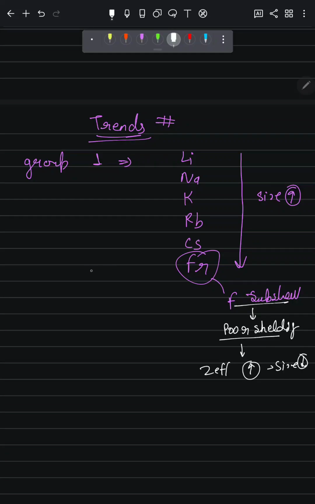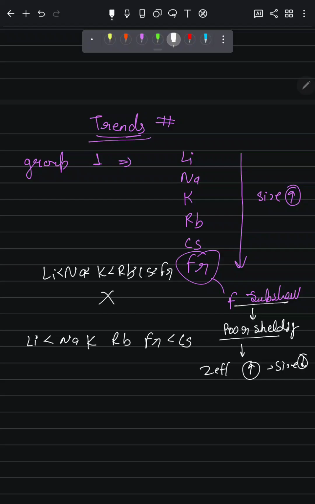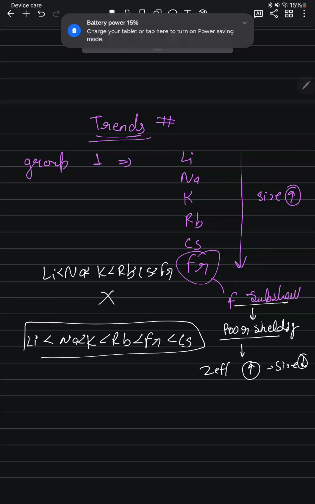So the trend is Li, Na, K, Rb, then Fr. This is not the actual size comparison. The basic size comparison is Li, Na, K, Rb, Fr, then Cs. So this is the actual trend that we see in group 1.